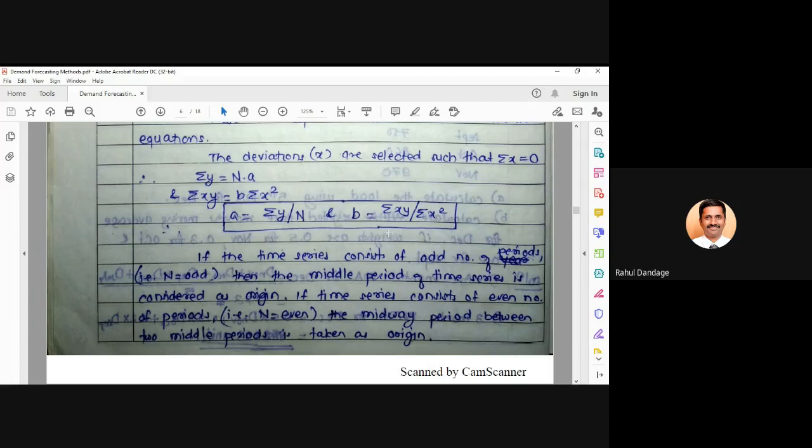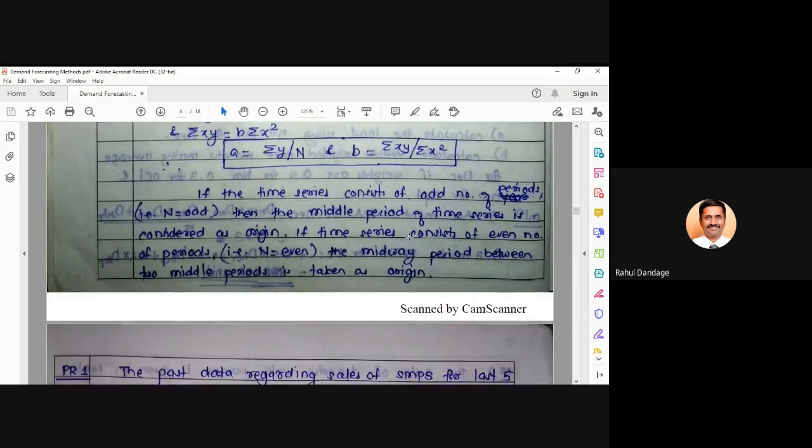So midway between these two middle periods, that is 3.5, will be considered as the origin, and we assign x equal to 0 for that period. If we have 10 periods, the two central periods are 5 and 6. So 5.5 is the midway point, which is assigned as the origin, with x equal to 0. Then we calculate the subsequent values for the remaining periods.